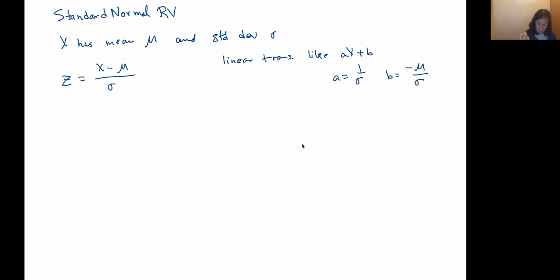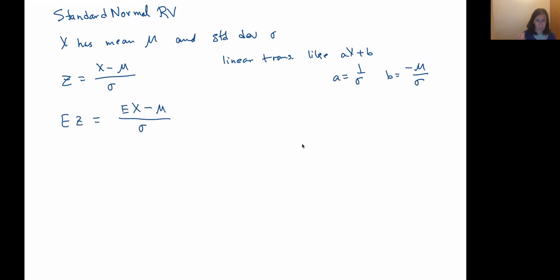Then thinking about what that means, the expected value of z is going to be the expected value of x minus mu over sigma. So dividing the expected value of x by sigma and subtracting off mu over sigma.